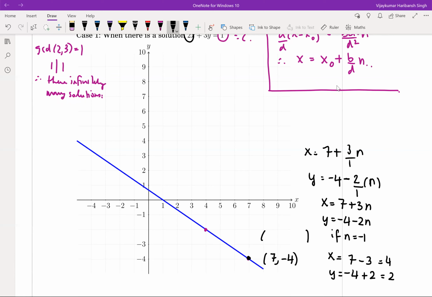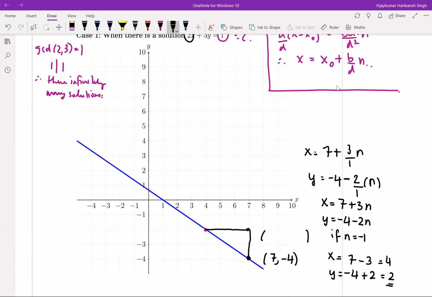So I will hop from here to the next solution by going up 2 units for y, and then going right by 2 units.